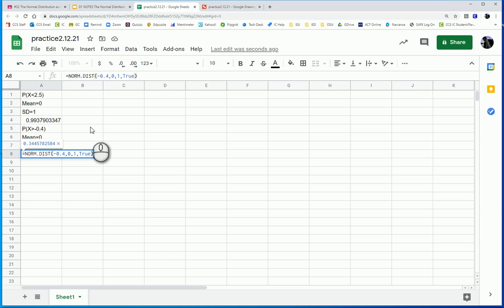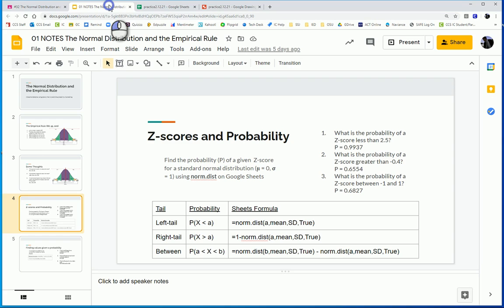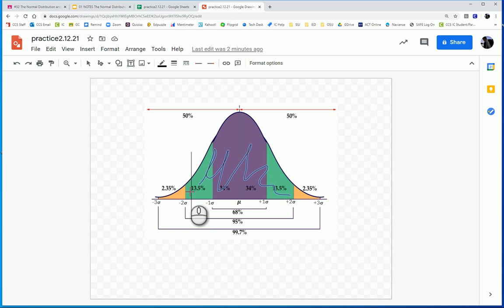Now, you'll notice I forgot to add in that 1 minus. This would give me the probability that it's less than negative 0.4, so we want greater than, so we've got to do 1 minus. There we go. So equals 65.54%.